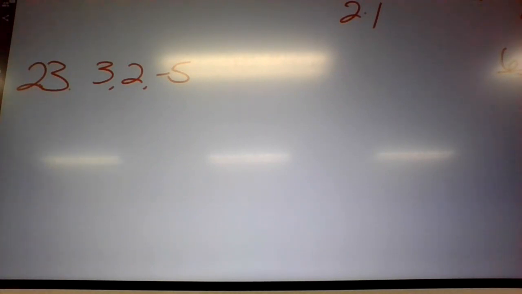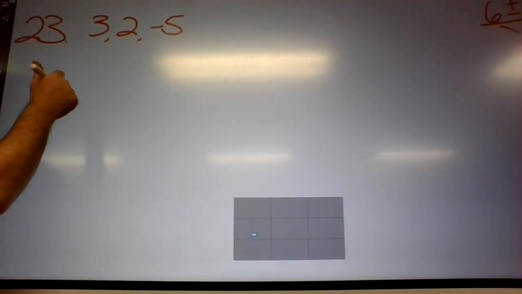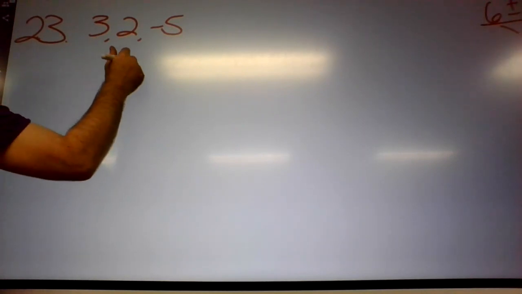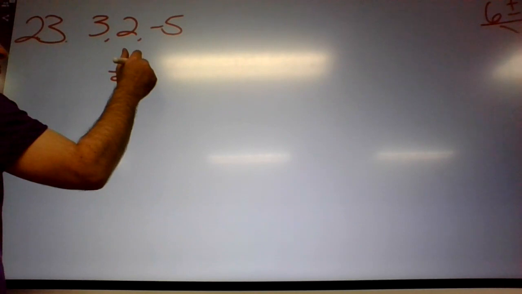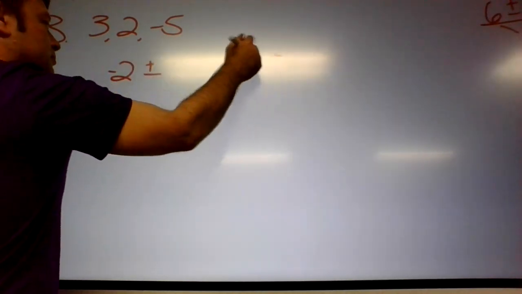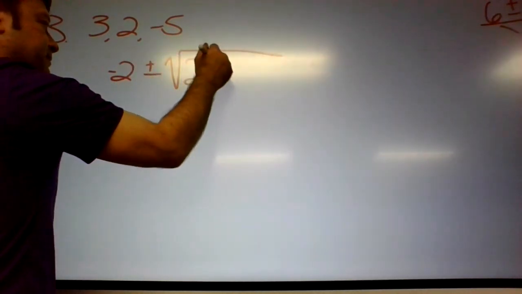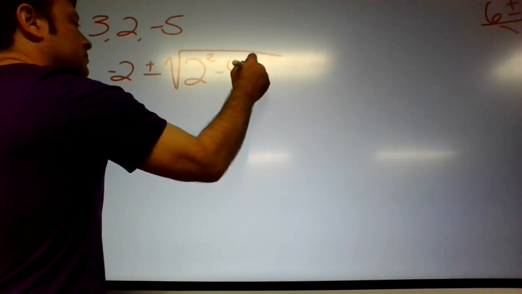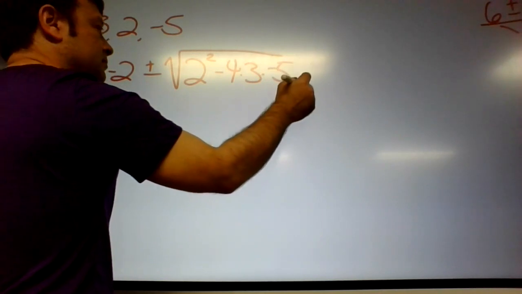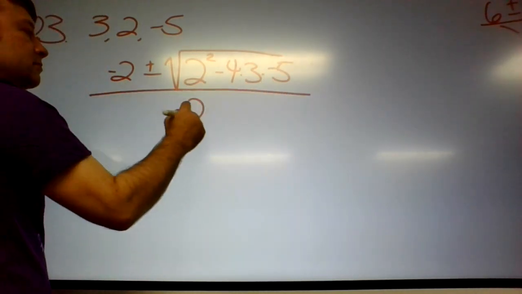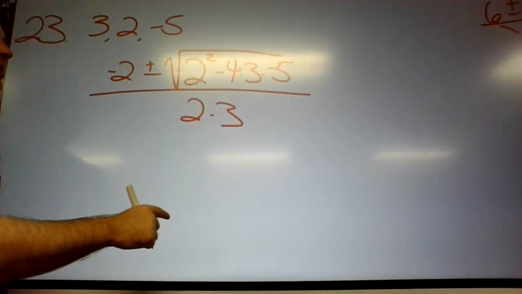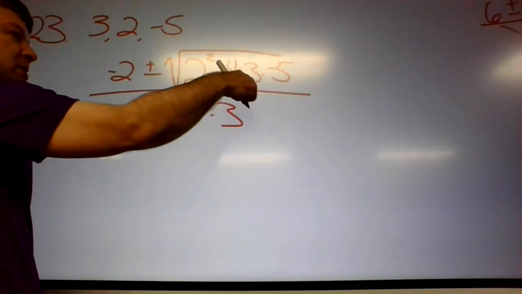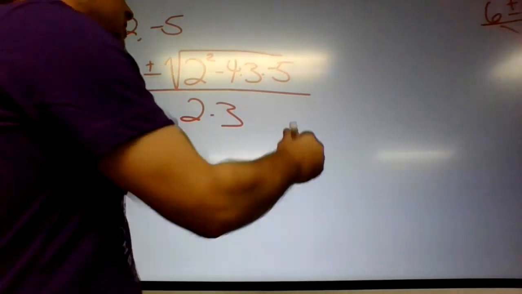Alright, so if you plug it in, what do we get? X equals negative 2 plus or minus the square root of... 4 times 5 times 3 is 60, so this will be 4 plus 60 is 64.